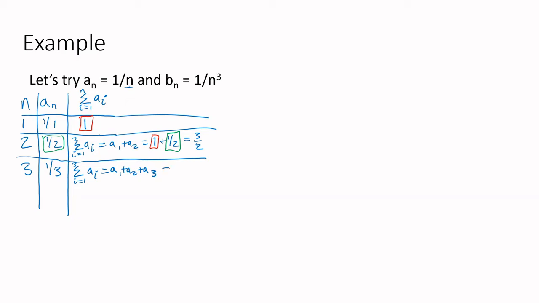That's 3/2, plus now my new term, 1/3. Okay, so then we can play around with this, right? I've got to get a 3 down here, so that would be 9 over 6 plus, and then I've got to get a 2 here, 2 over 6, so that's 11 over 6.